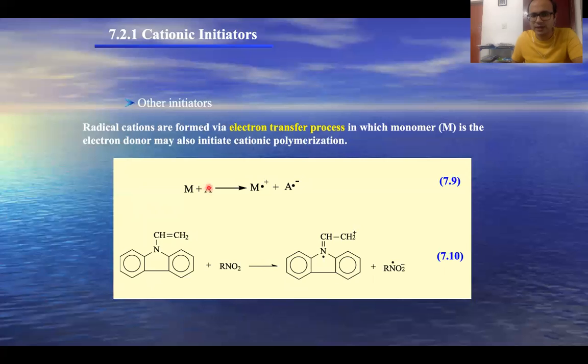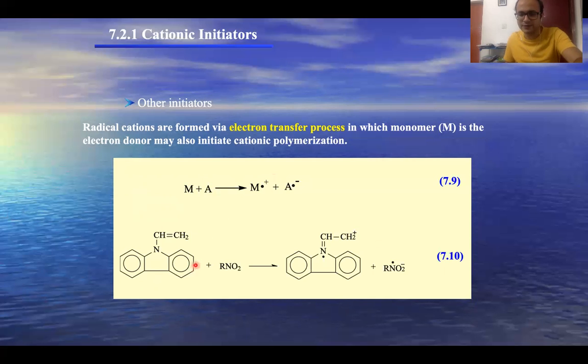So we require an acceptor, and the monomer initiates the cationic polymerization by acting as an electron donor. It transfers the electron onto the acceptor, and in the process gets converted to a monomer radical cation, and this then further participates in the cationic polymerization. So this is one example here.